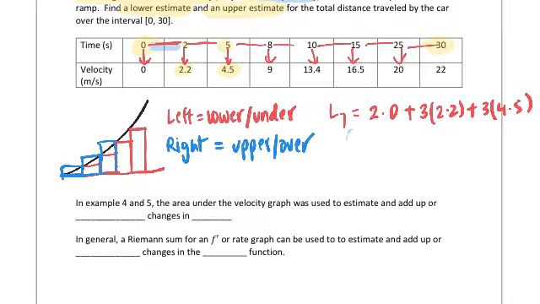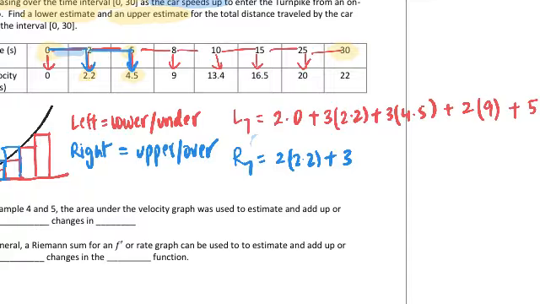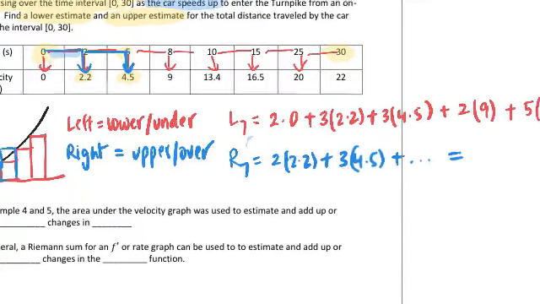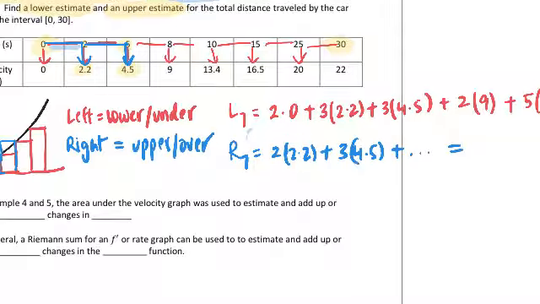For the right one, you're going to go to the right end of each rectangle. So R7 will be 2 times 2.2 plus 3 times 4.5, and so on. The last rectangle would be 5 times 22, because it's the right end of the rectangle.